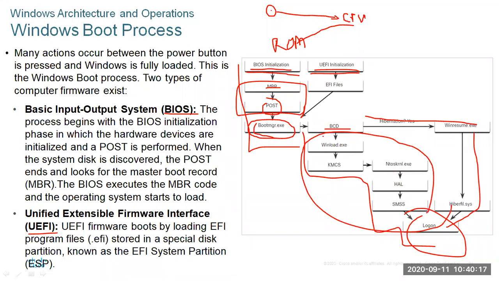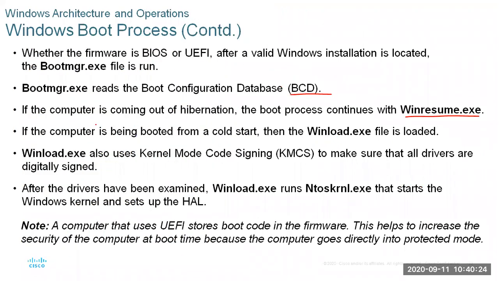But if you are doing a cold boot, that means a fresh boot, it is going to come this way. If the computer is being booted from a cold start, then the Windows winload.exe file is loaded. Winload.exe also uses kernel mode signing to make sure that all drivers are digitally signed.